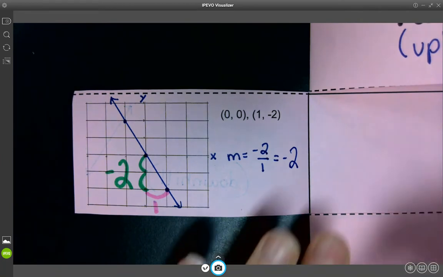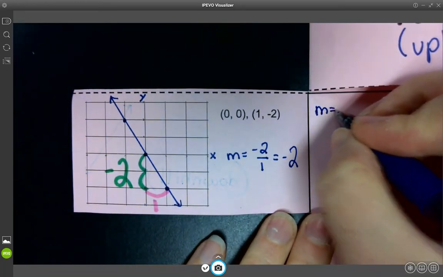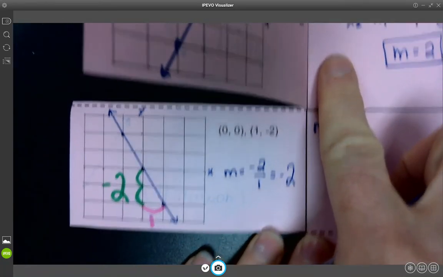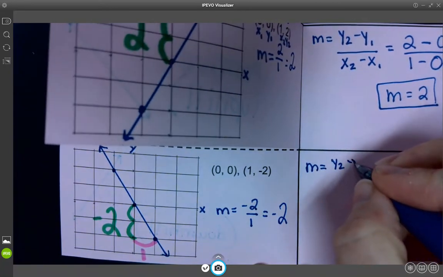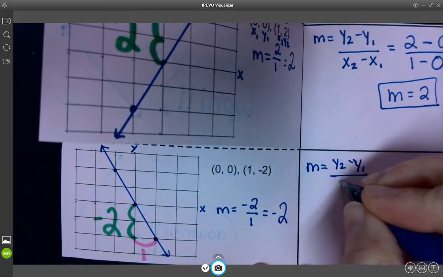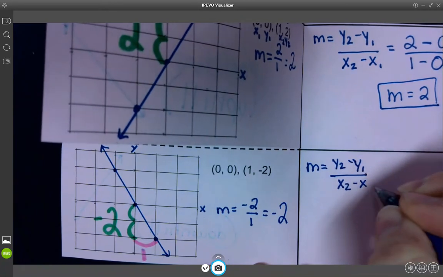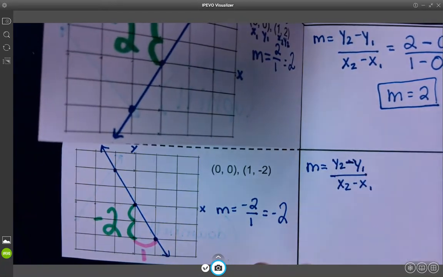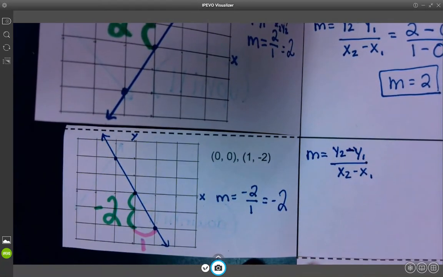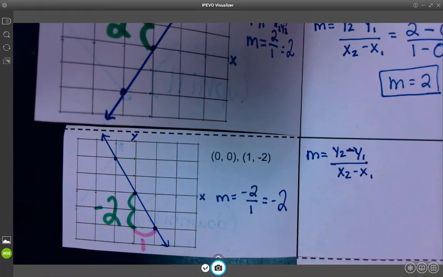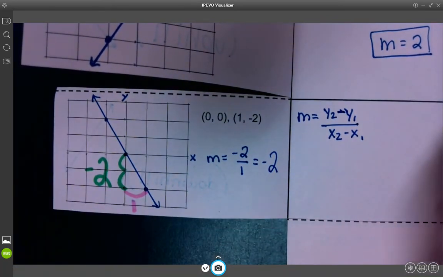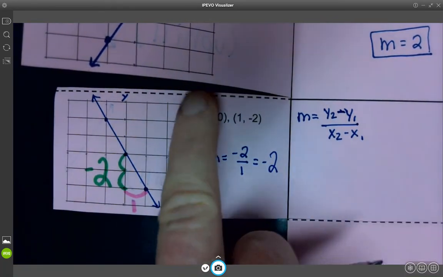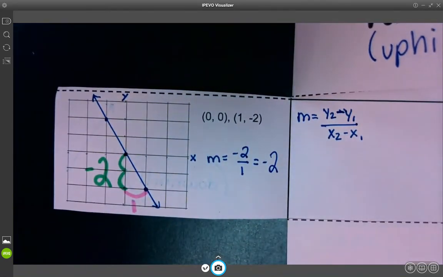Let's use the formula again. We're going to write it again. You can look back at the last one and rewrite it. Y2 minus Y1 over X2 minus X1. Once you know the formula, label your X's and Y's.